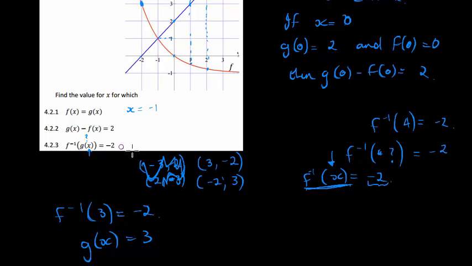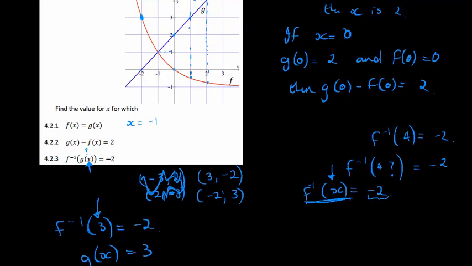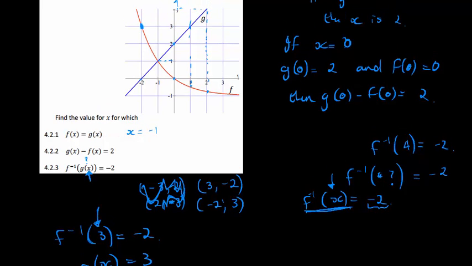Because look here, you said what we should put in here is a 3. But what's currently in there is g of x. So we need g of x to equal 3. From the original graph, that means we have to put in 1.